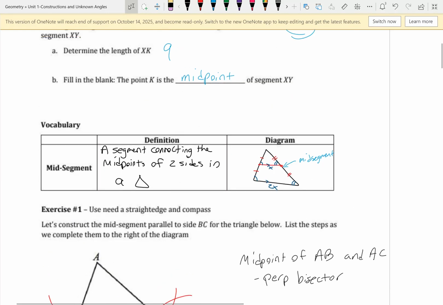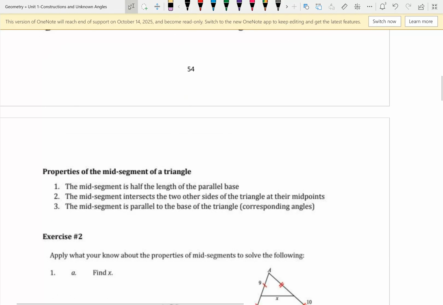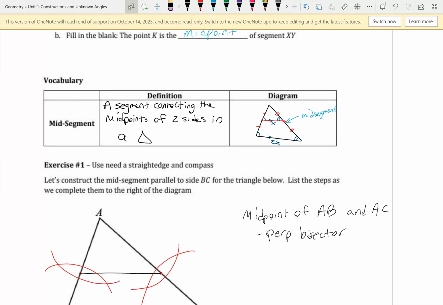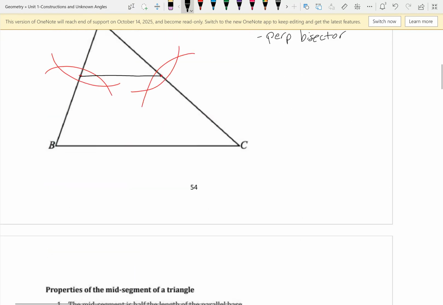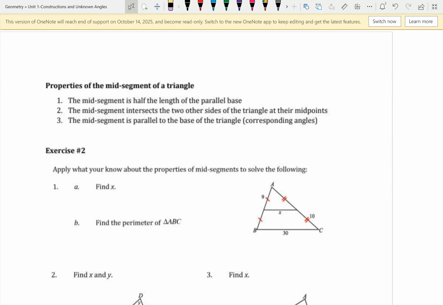So if we go back to our original diagram, that is our one slash mark on the top and bottom of the left, and our two slash marks on the top and bottom of the right. And our third piece is the midsegment is parallel to the base. And you can see in parentheses it has corresponding angles. Those are my hooks. Those are my one hook on each of the left-hand side and two hooks on each of the right-hand sides. So when we talk about our carryover parallel line properties, corresponding is going to be the one that is most important to us here.